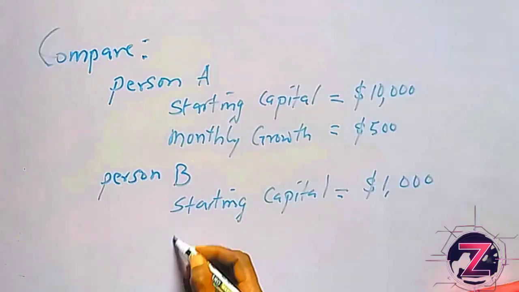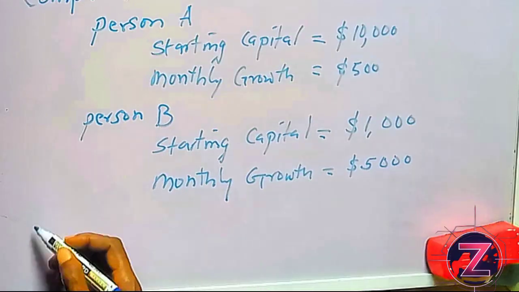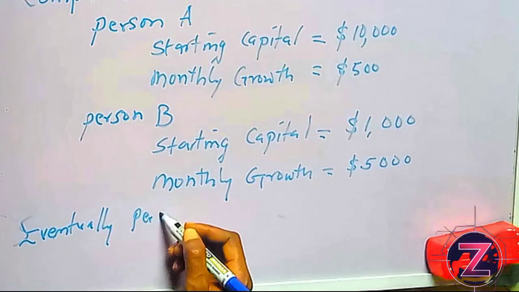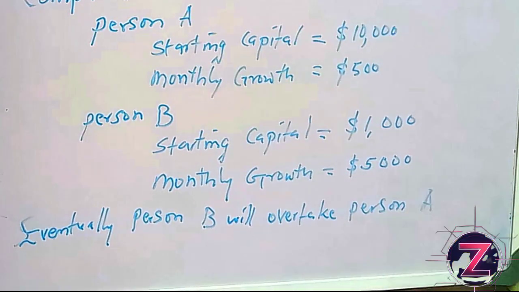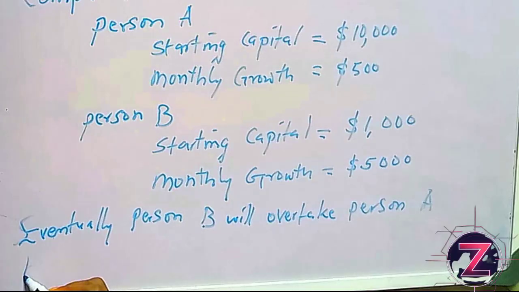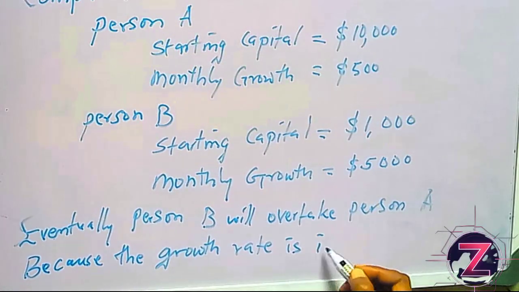This automatically tells us that eventually person B will overtake person A because the growth rate is much larger. This is why increasing skills, income, and investments is often more important than simply having money today.